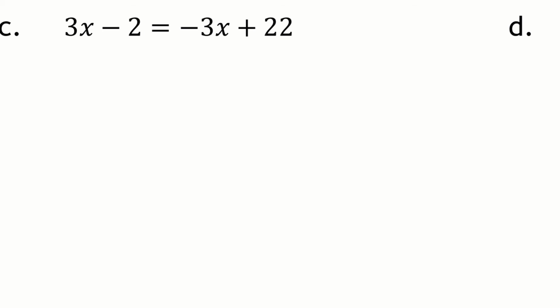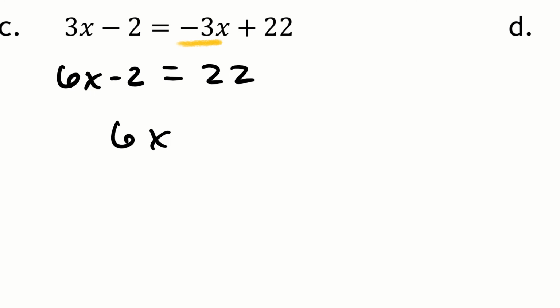When I add 3x to both sides, this side just becomes 22, and the other side becomes 6x minus 2. If I add 2 to both sides, we get that 6 times x is 24. And 24 divided by 6 is, what is that, 12? 6 times 4. Yeah, this is 4.